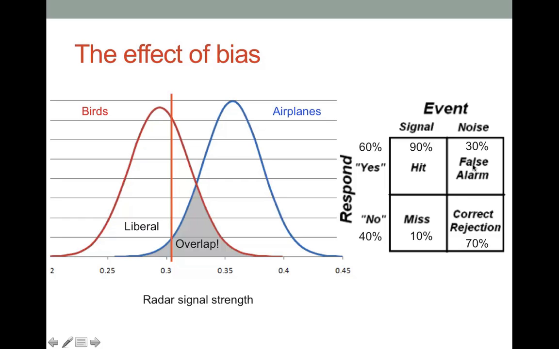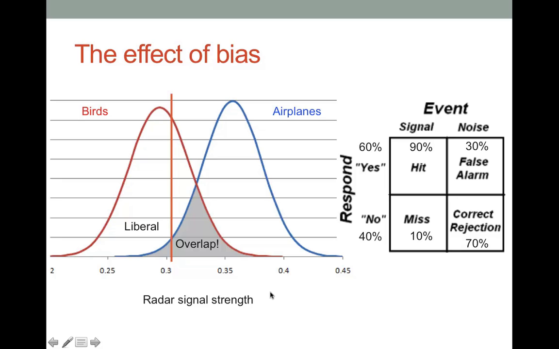So now 30% of the time that it's a bird, I'm going to mistakenly call it an airplane. And only 70% of the time will I correctly reject a bird as not an airplane. So you can see that there are more of these yes responses than there are no responses.